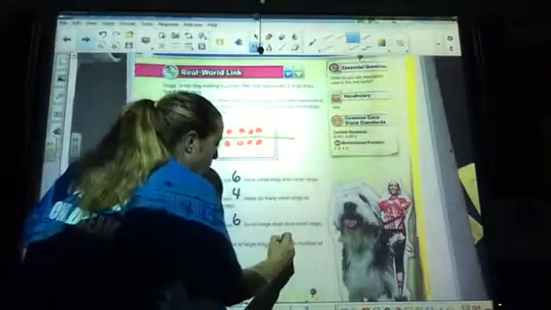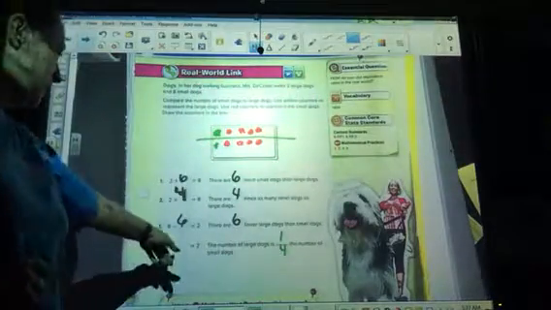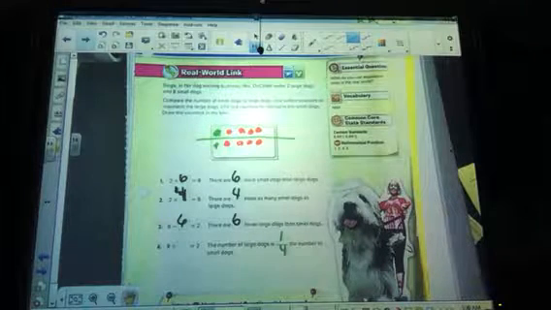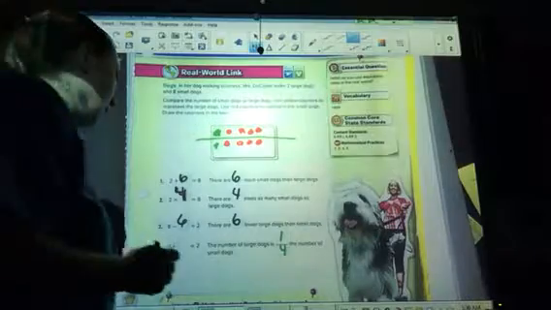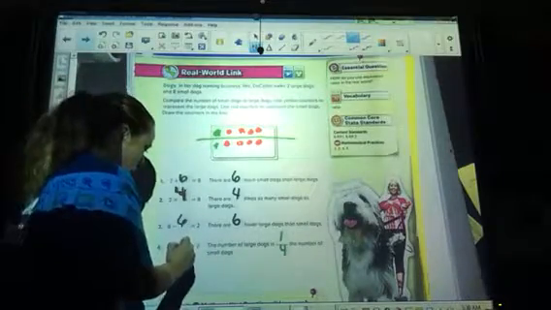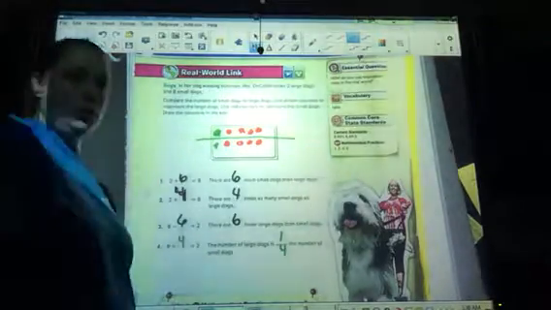So 1 out of 4. And then this 8 plus something equals, it's a divide by. 8 divided by something equals 2. Well, 8 divided by 4 equals 2.